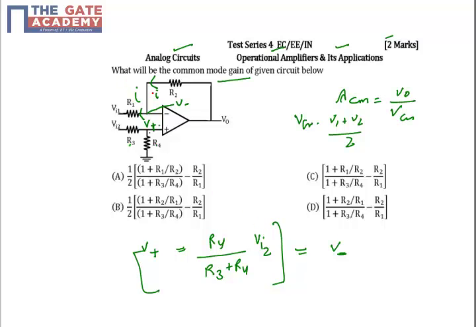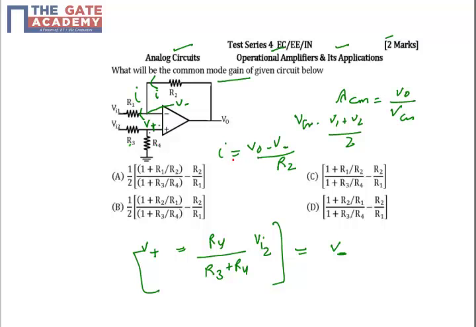Now this current I which I have assumed across R2, from Ohm's law, current always flows from high potential to lower potential, in the direction moving out from V0, so I will be (V0 minus V minus) upon R2.